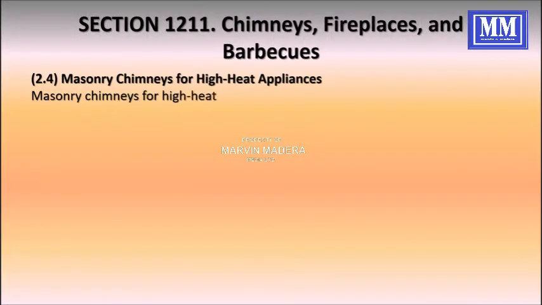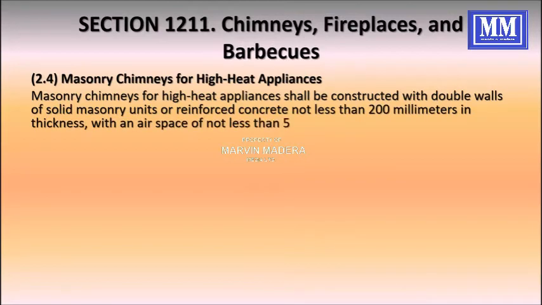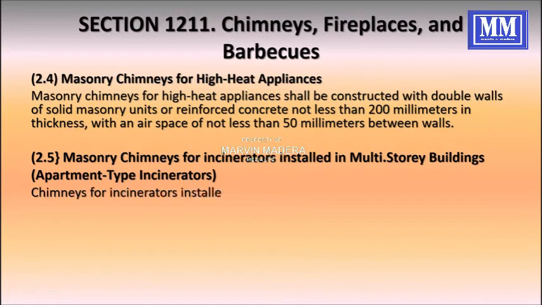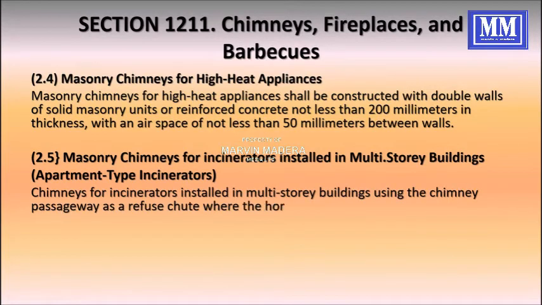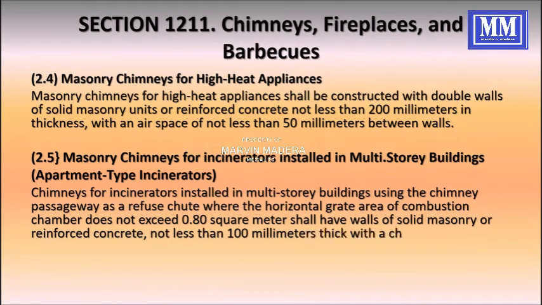Masonry chimney for high heat appliances. Masonry chimney for high heat appliances shall be constructed with double walls of solid masonry units or reinforced concrete not less than 200 millimeters in thickness, and with an air space of not less than 50 millimeters between walls.